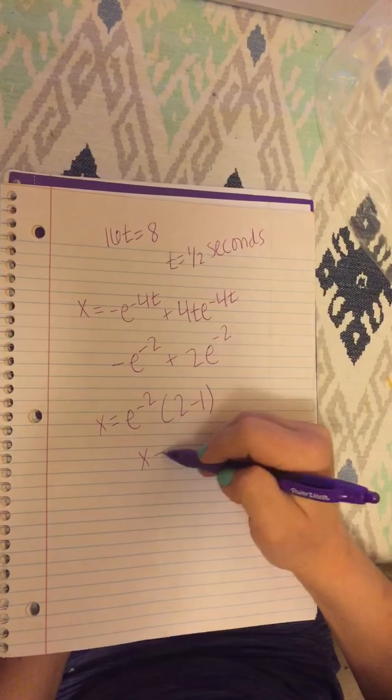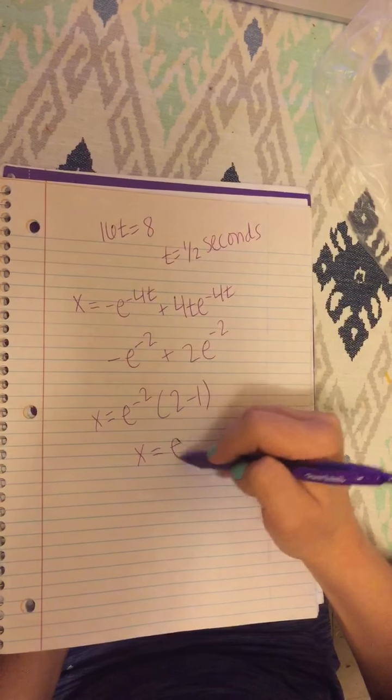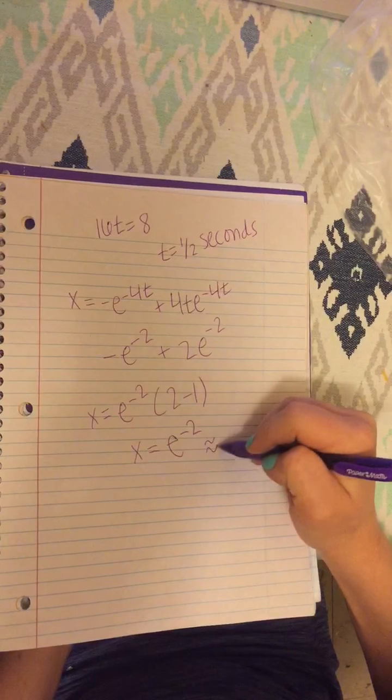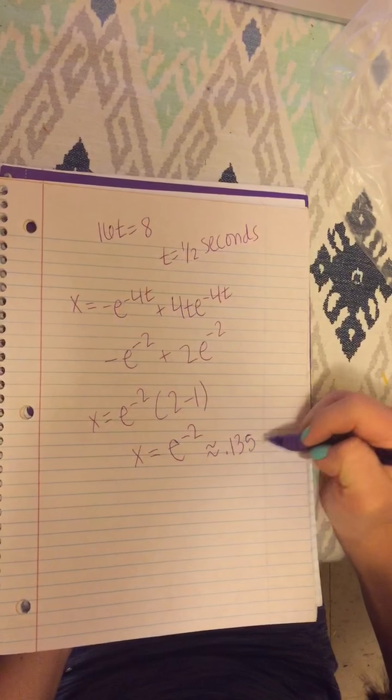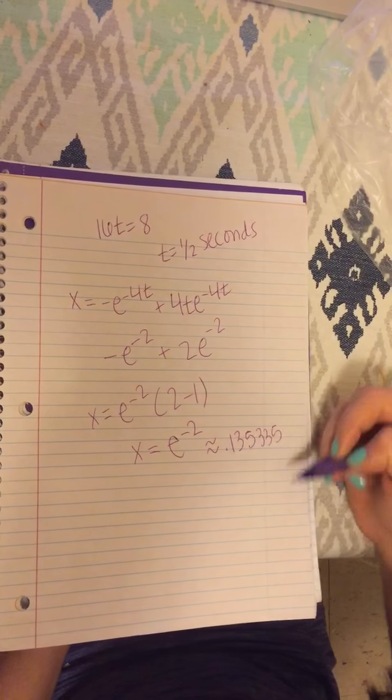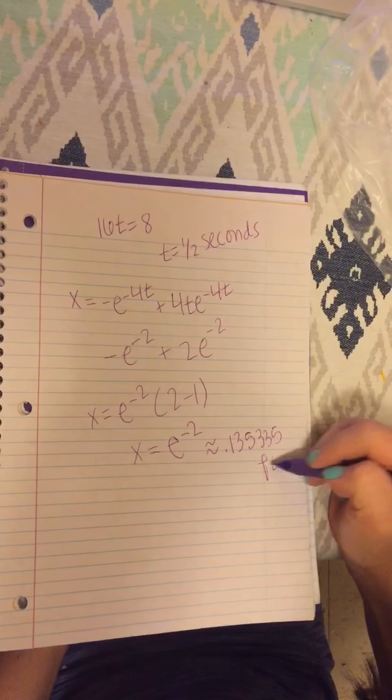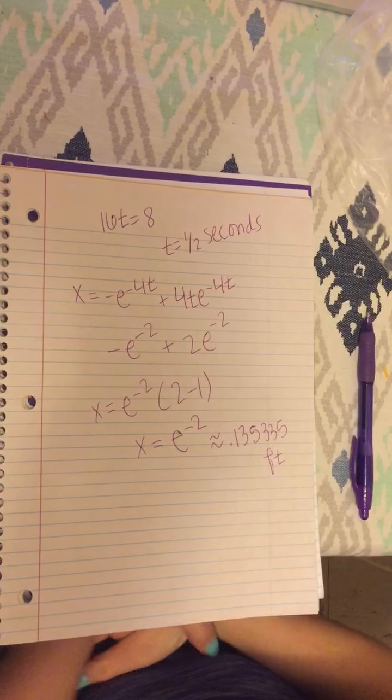So that would mean that x is equal to e to the negative 2, or around 0.135335 feet. You can just estimate that on a calculator.